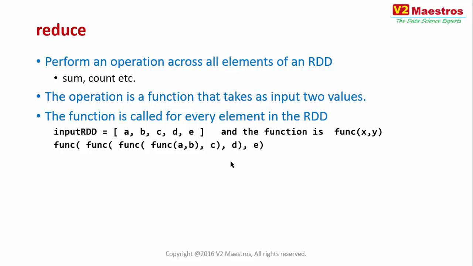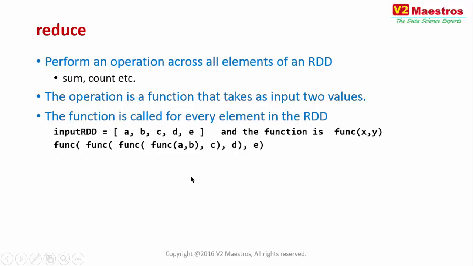The way it would be called is that the function will be called on the first two elements in the RDD, a comma b. So func of a comma b will be called, and whatever result is produced by this function will then be used again to call the same function with that result and the next element in the RDD, and that result will again be taken to call with the next element and so on.